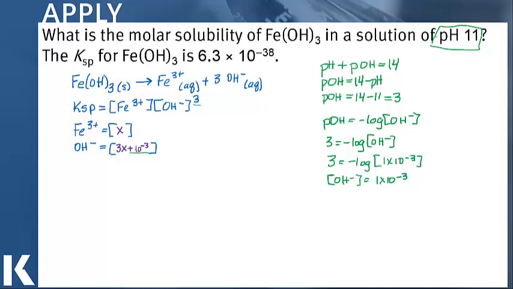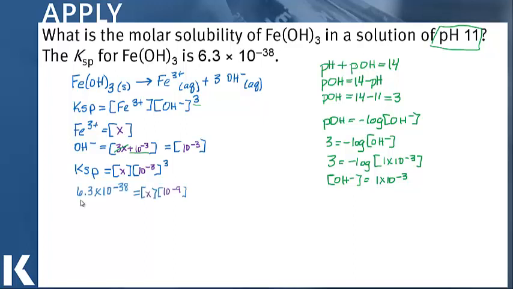Now, this is a very high concentration, which means my 3x is negligible and can be removed from the calculation. So now I plug these into my Ksp expression, and I need to cube my 10 to the negative 3 to give me 10 to the negative 9th.